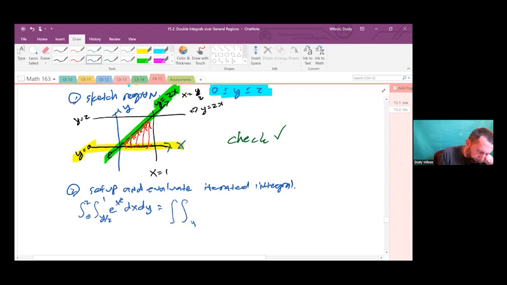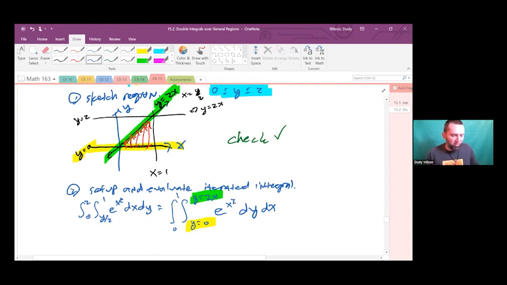from y equals 0 to y equals 2x. So this is from yellow to green of the e to the x squared. But now it's going to go dy because we're parallel to the y-axis dx. Our x's are going to go 0 to 1.